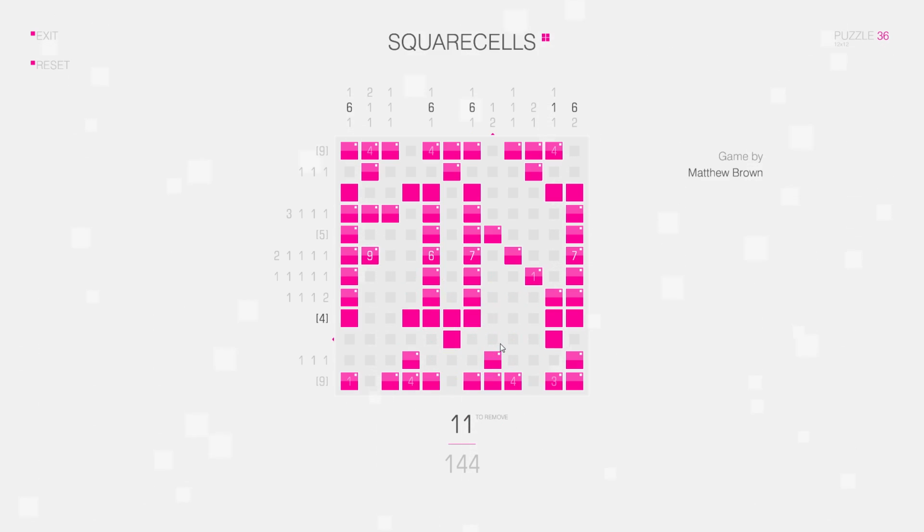Okay, so now, oh yes, I can see I also completed this column by now. We have 3 separate squares marked already, so I can delete these squares too. But that's about it, I think.